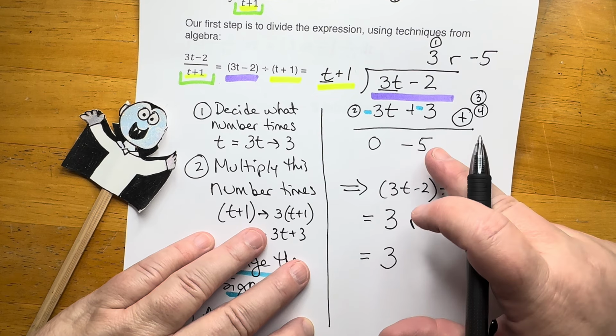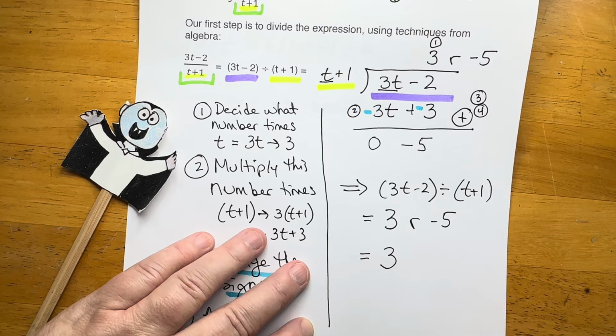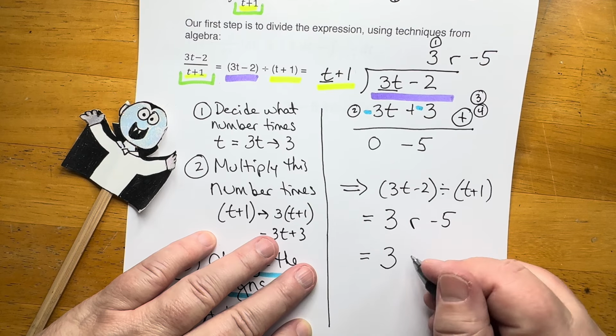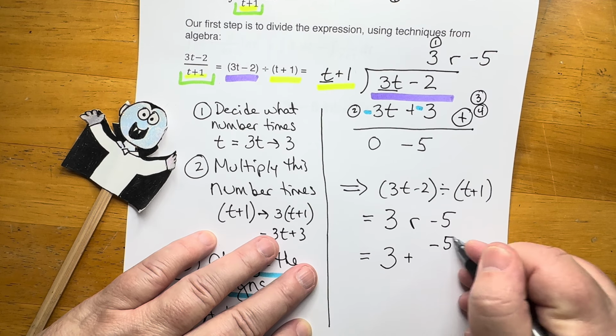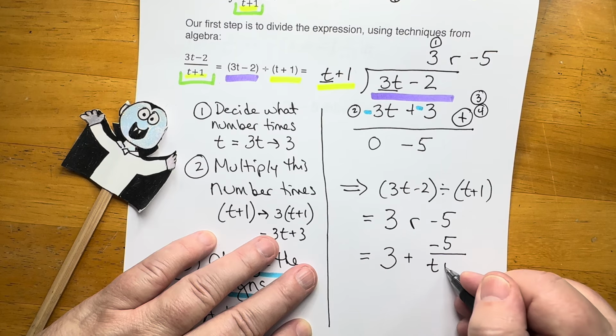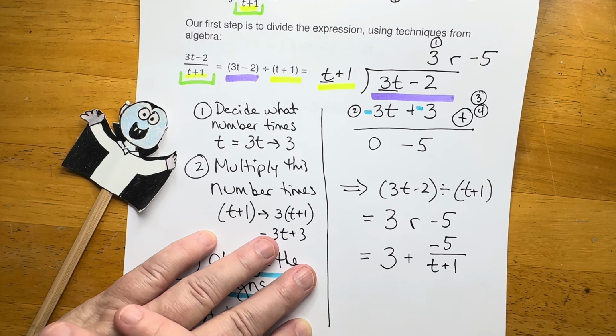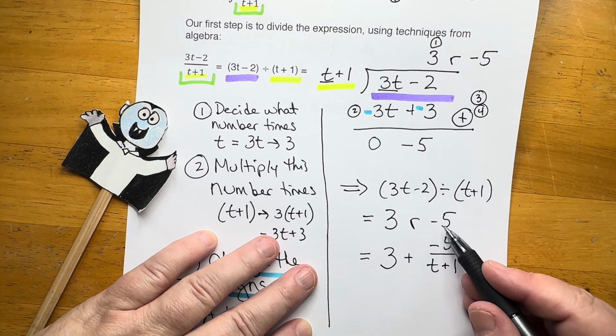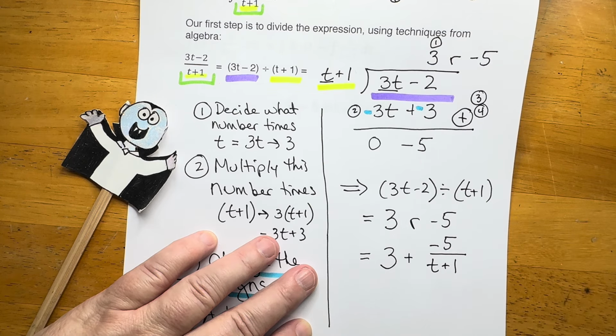It just means what's left over and you haven't done the next division. So we write this as if we just haven't done that part of the division yet. Does that make sense? So we've got the negative 5, which I need to divide, but I just haven't, so I'm going to leave it for the next person.